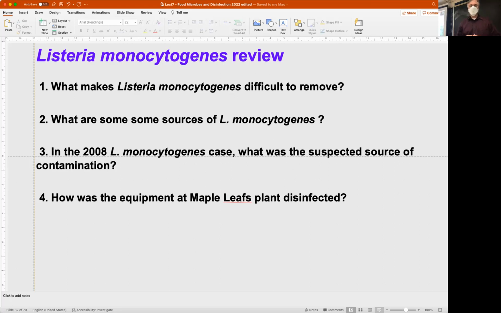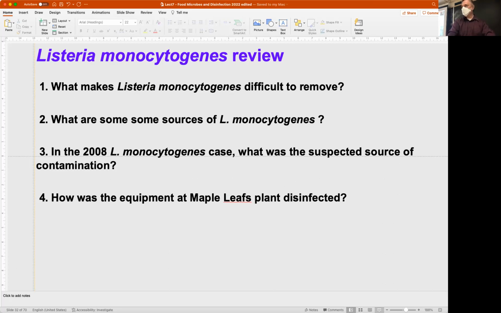Second question, what are some sources of Listeria monocytogenes? There are several environmental sources. In the 2008 Listeria monocytogenes case, what was the suspected source of contamination? It was the packaging lines.